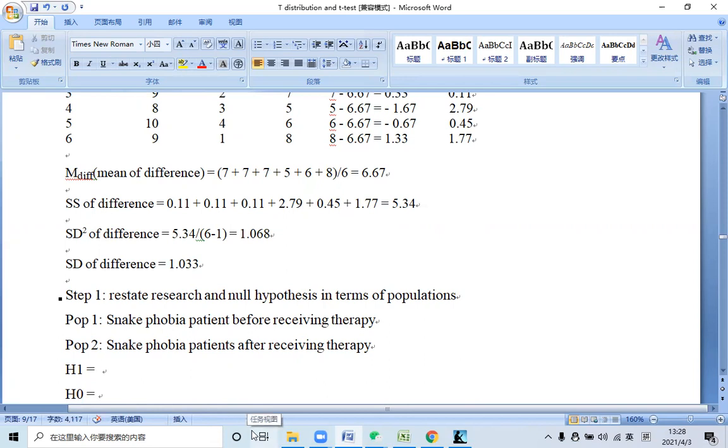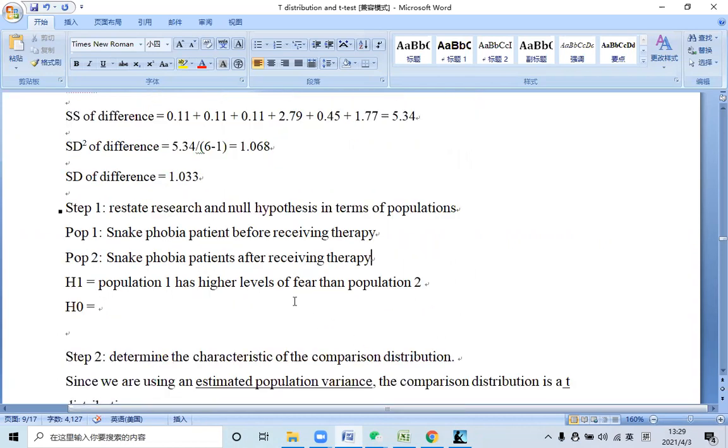The research hypothesis would be that people with snake phobia before receiving therapy would have a higher level of fear than people with snake phobia after receiving therapy.